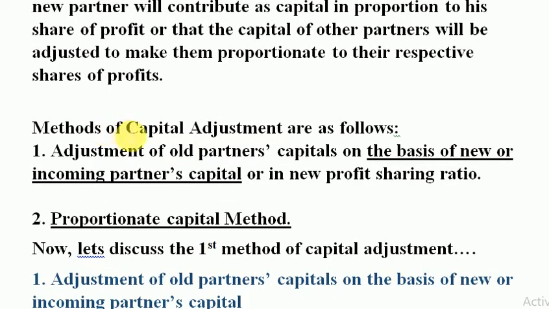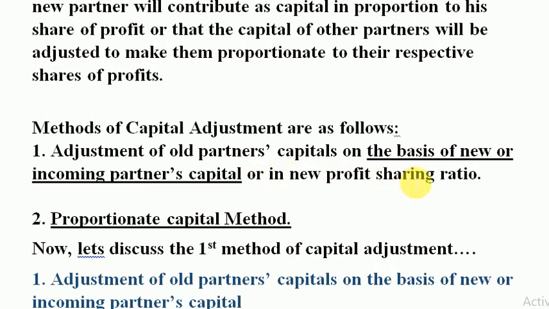The methods of capital adjustment are as follows. Number 1, adjustment of old partners' capital on the basis of the new or incoming partner's capital. This is the first method, where we distribute the capital of all old partners on the basis of the capital of the new partner and his share, or in simple terms, in the new profit sharing ratio.